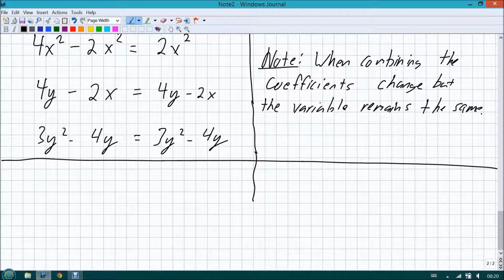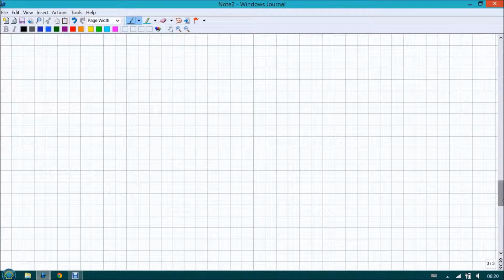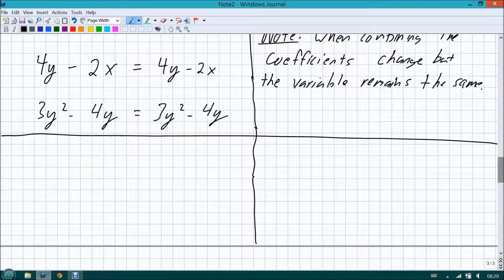Next set of examples. Let's take an example of looking at how we can use all of the properties that we have gone over and use them to simplify an expression. Our expression for today, this mega expression, is going to be 2 times the quantity x plus 6, plus 3x.